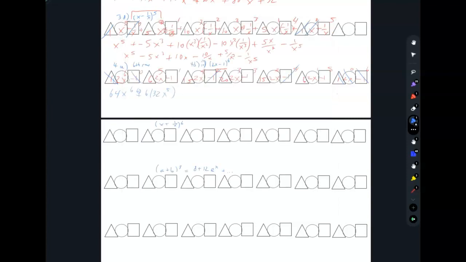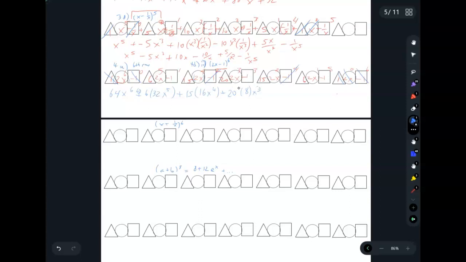The next one is 15 times 2 to the fourth, x to the fourth, right? So 2 to the fourth, x to the fourth, that would be 16x to the fourth. And then the next one would be 20 times 2 cubed x cubed, so that would be 8x cubed.